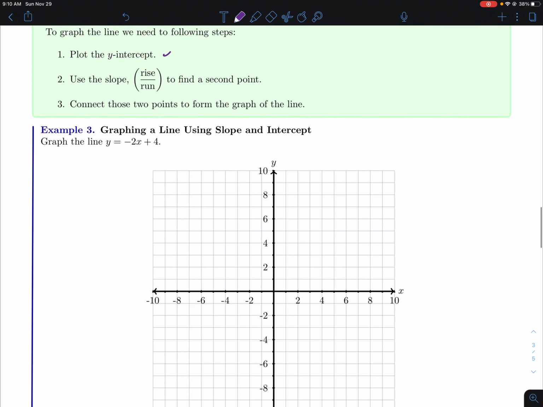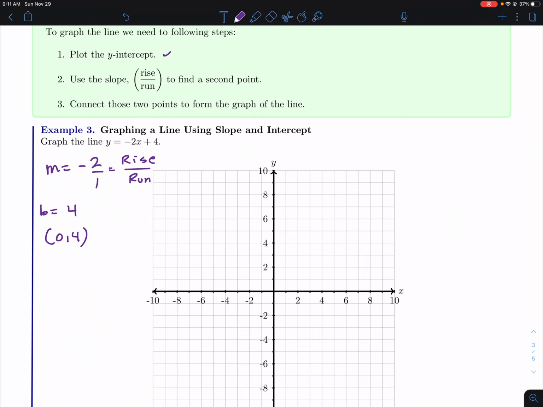In this case, my slope is -2, which I'm going to write as -2 over 1 because we're thinking of this as rise over run. So we want to think of it naturally as a fraction. And since our b is 4, our y-intercept is going to be (0, 4).